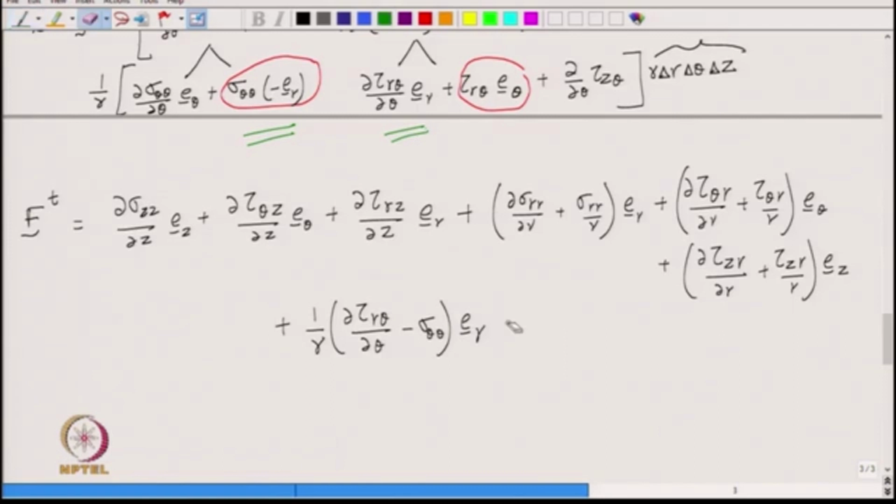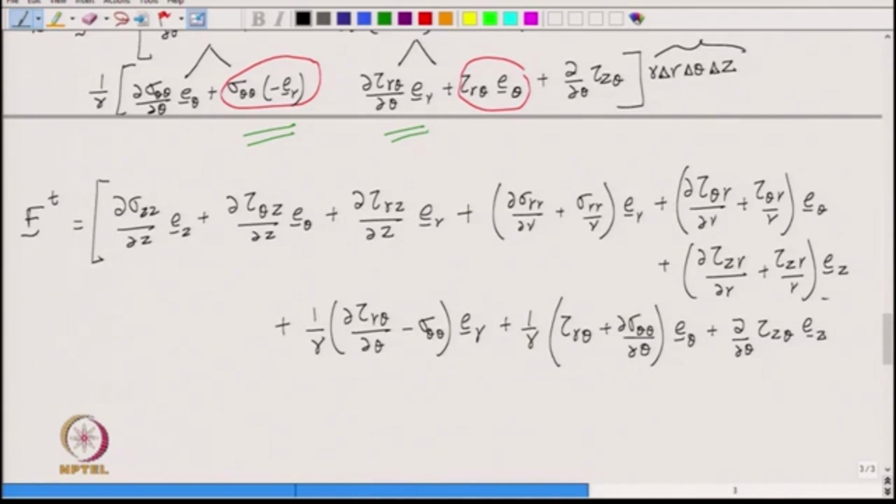Okay. And then for E_θ, we have plus 1 over r, τ_rθ plus ∂σ_θθ/∂θ, multiplied by E_θ, and finally, for E_z we have ∂/∂θ of τ_zθ times E_z, okay, and the whole thing has to be multiplied with the volume of the cylindrical element.